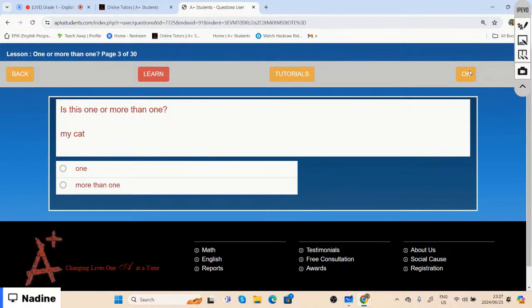All right, look at the next one. If we say my cat, is it one cat or one person's cat? Or is it more than one person's cat? If I say it's my cat, am I making mention of one cat or more than one cat? So one cat or more than one.